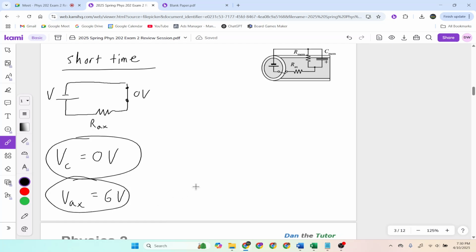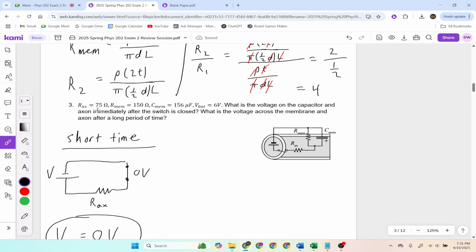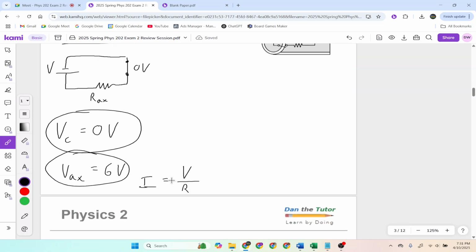I know I didn't ask for current, but if I did, current I equals voltage, which is 6, divided by the resistance, which is just the 75. So it'd be 6 over 75. That'd be the current if I asked for it.